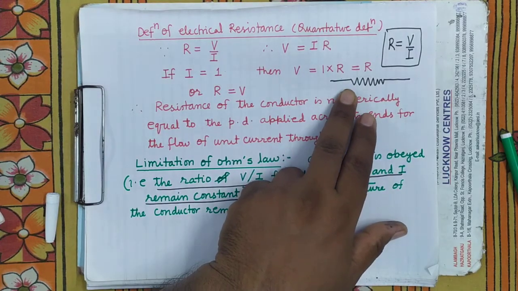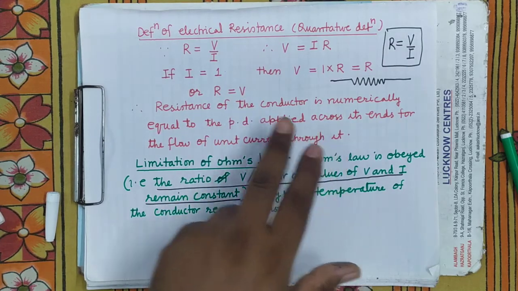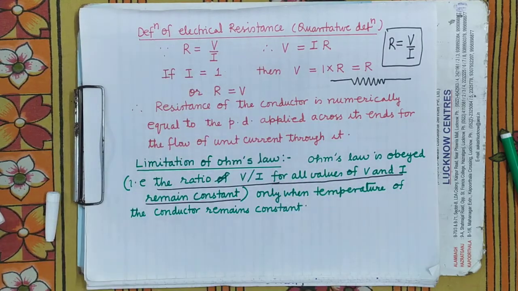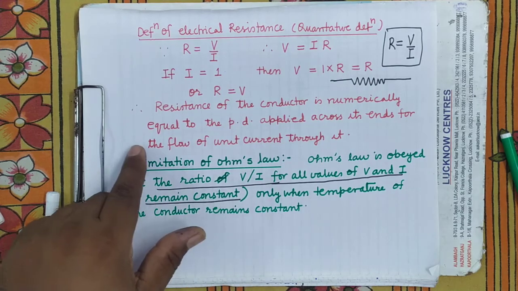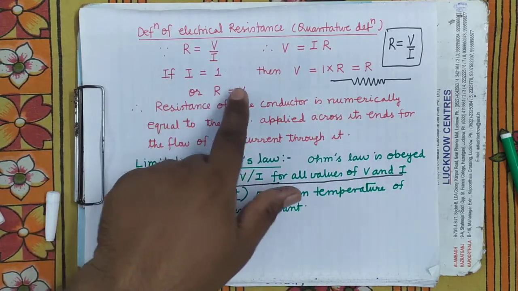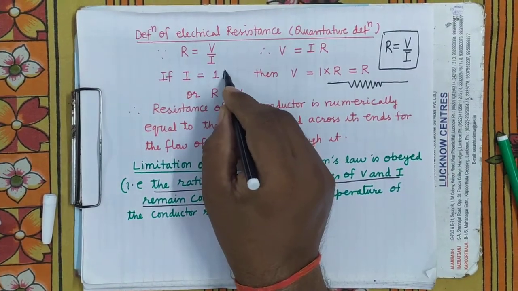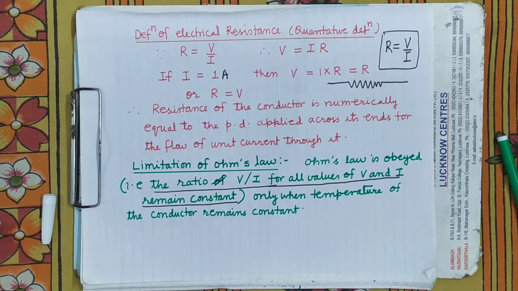That much potential difference which is required for producing a current of 1 ampere is said to be the resistance of that electrical conductor in ohm.